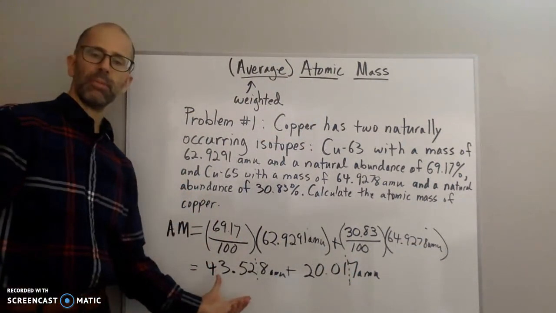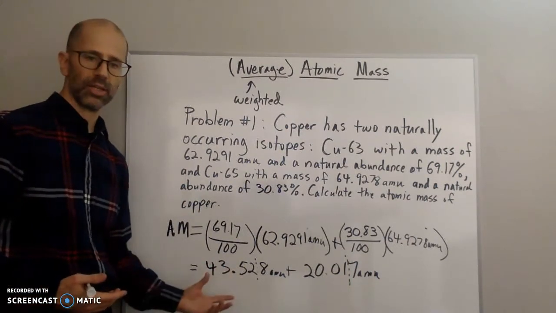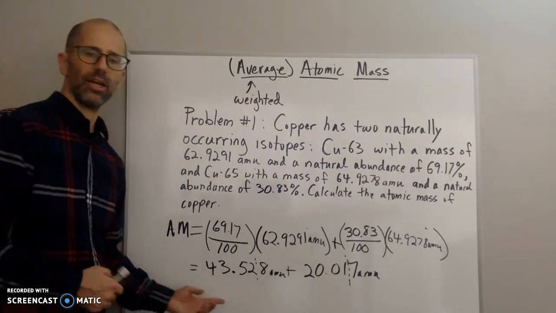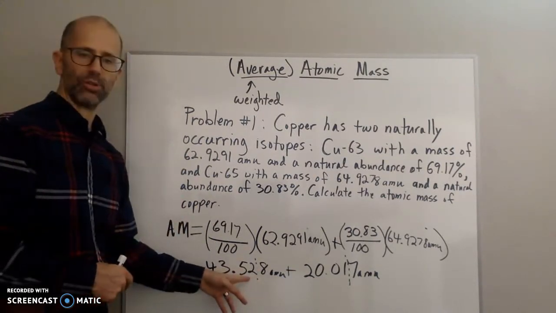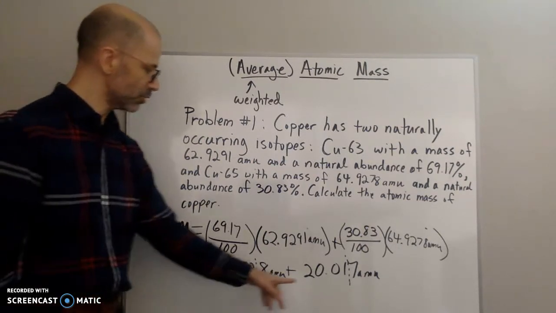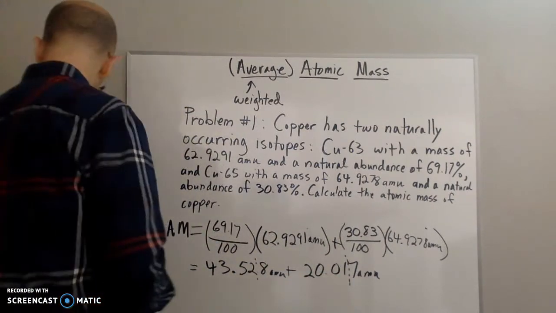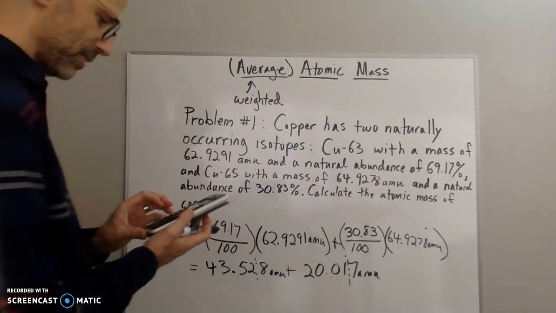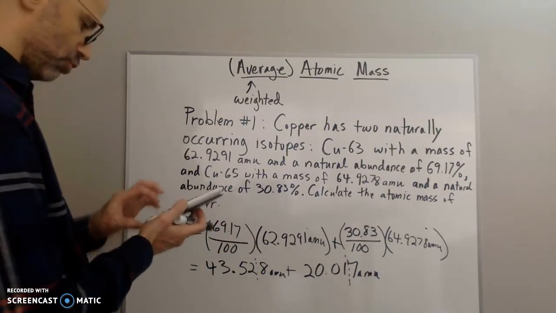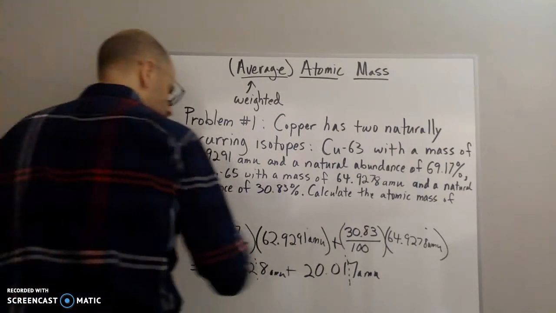Now remember, for rounding purposes, I'm not going to cut it off and do rounding before I get to my final answer, because I still have to add these together. If I cut this off and round too early, then I'm probably getting a rounding error, and I don't want that. So I'm going to keep the extra digit and continue my calculation. So when I do my calculation, I'm going to add that plus 43.528 equals, and then I get my final answer.